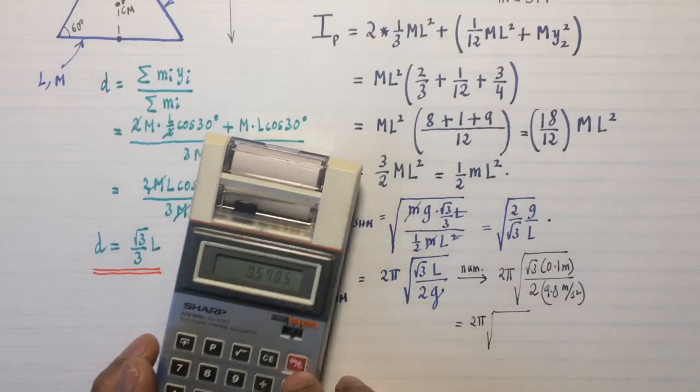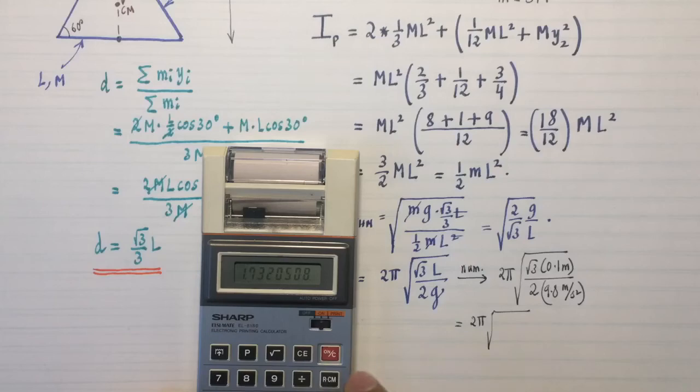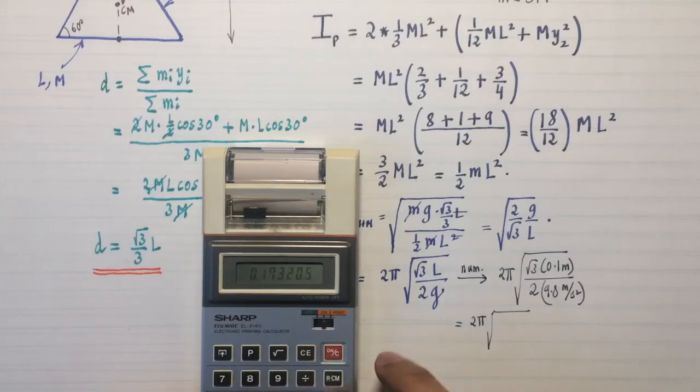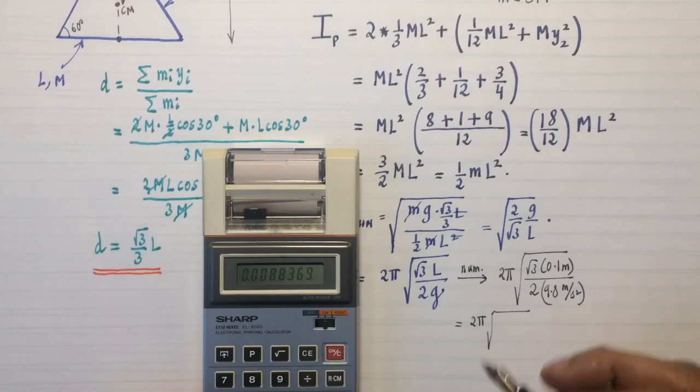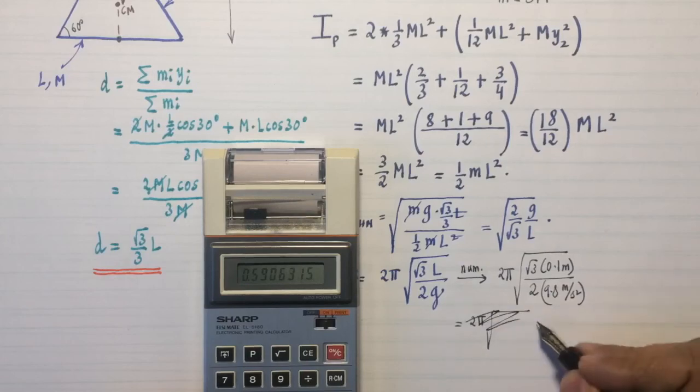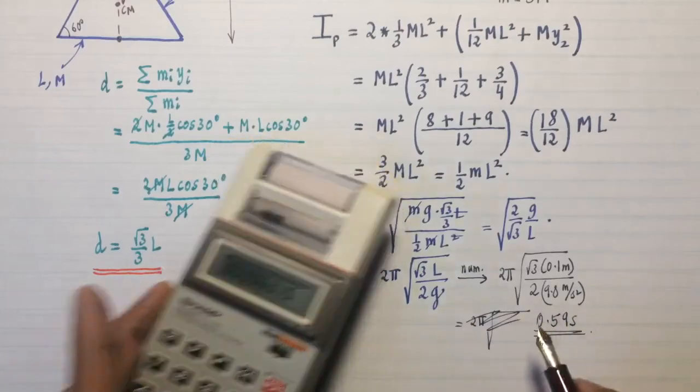Let me use my calculator here. I'm typing in pi. So I get 0.59 seconds, which is not bad at all.